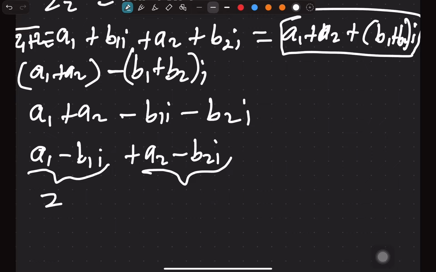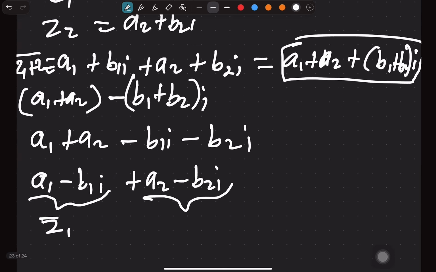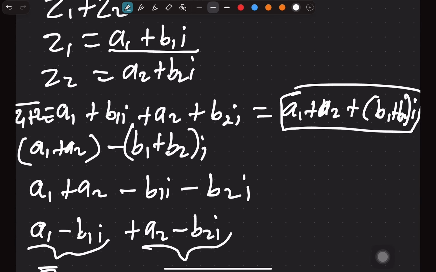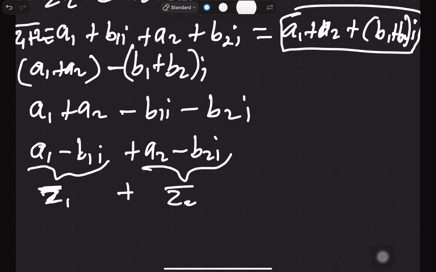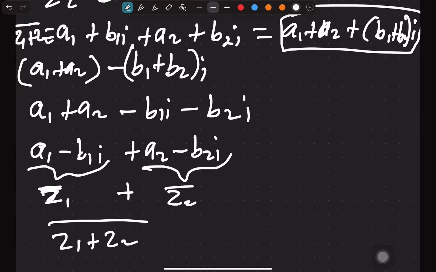This is the conjugate of z1. z1 is originally a1 plus b1i, but after we've expanded and taken the conjugate, we've gotten this, which represents the conjugate of z1 plus, and this is also the conjugate of z2. Hence the conjugate of z1 plus z2 is equal to the conjugate of z1 plus the conjugate of z2.